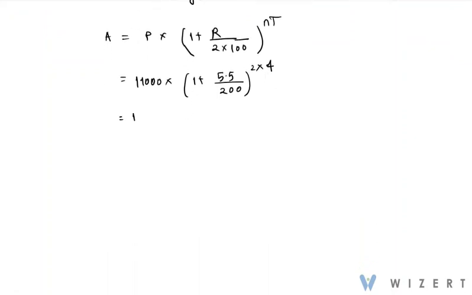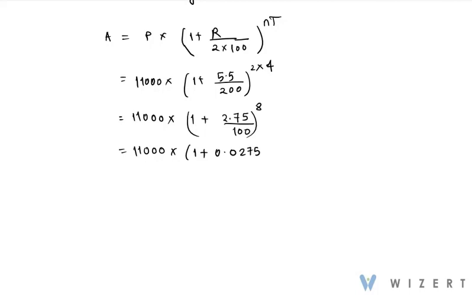That will be equal to 11,000 multiplied by 1 plus 2.75 divided by 100 whole to the power 8, which, when we convert this to decimal, we get 11,000 multiplied by 1 plus 0.0275 to the power 8.